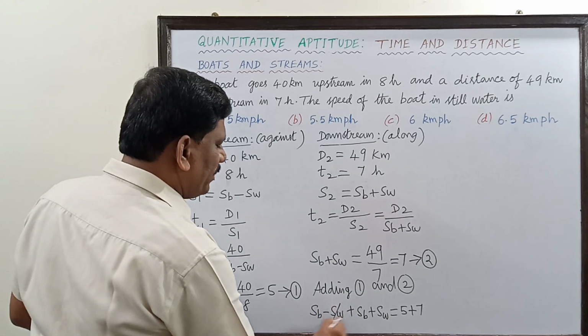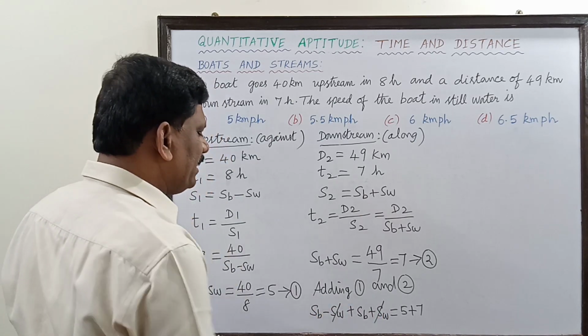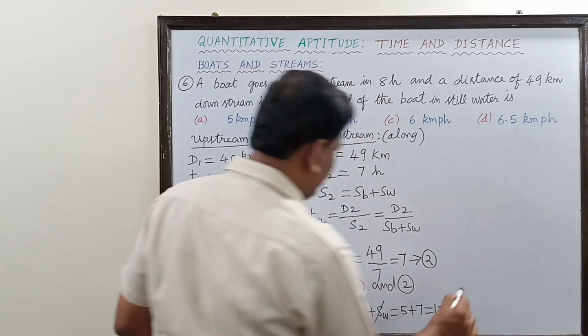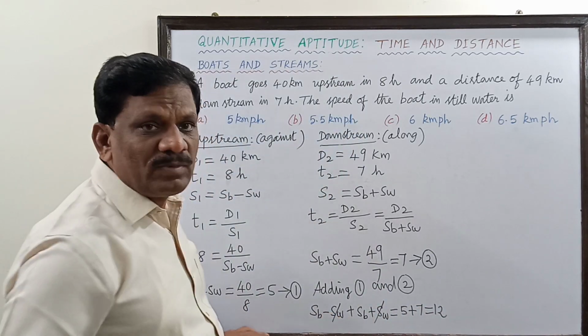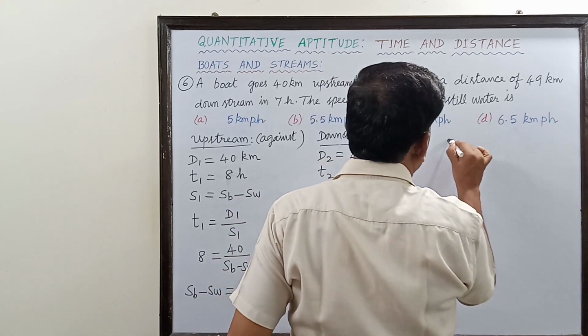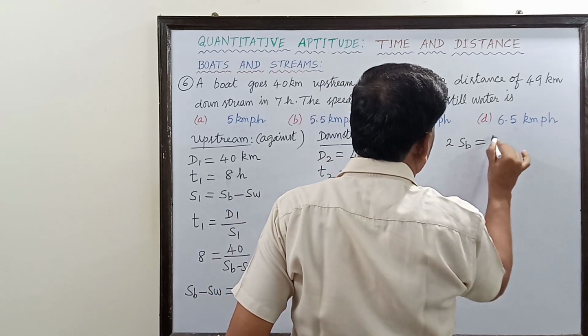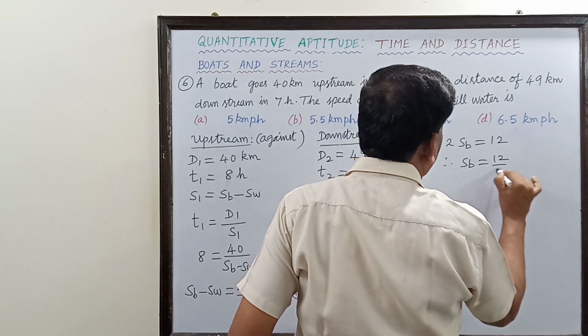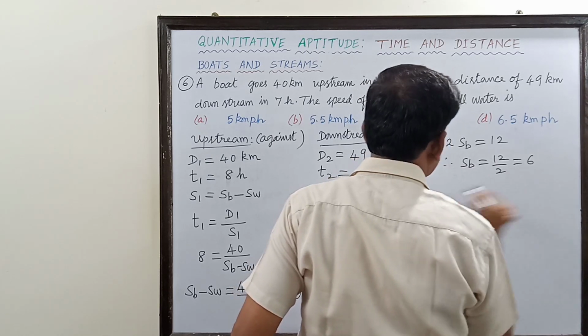Now SW minus SW gets cancelled. 5 plus 7 is 12. So SB plus SB is 2SB. So 2 into SB is equal to 12. Therefore SB is equal to 12 by 2, which is 6.